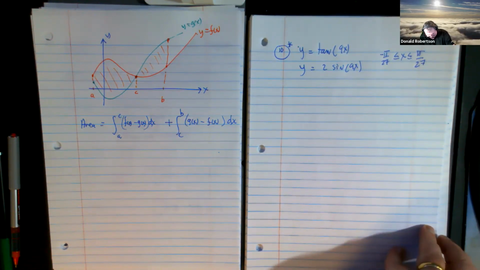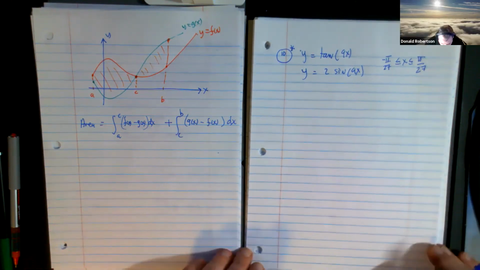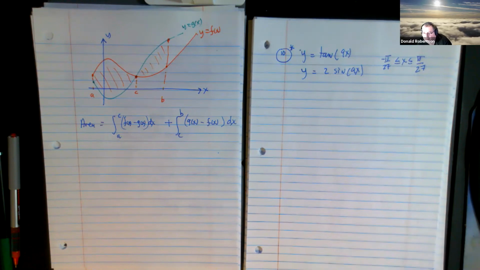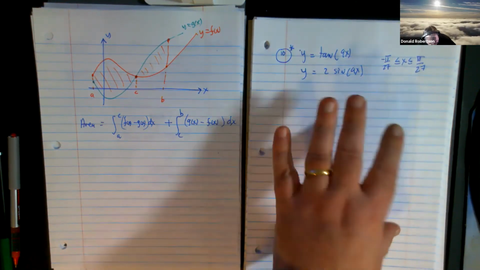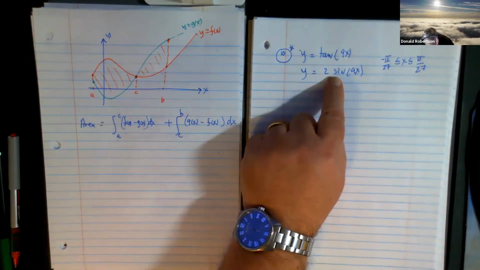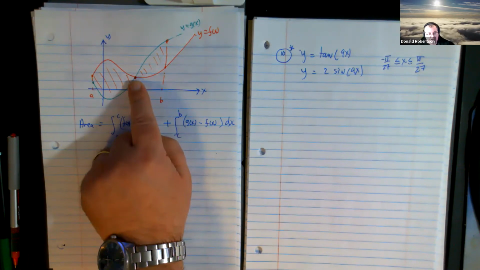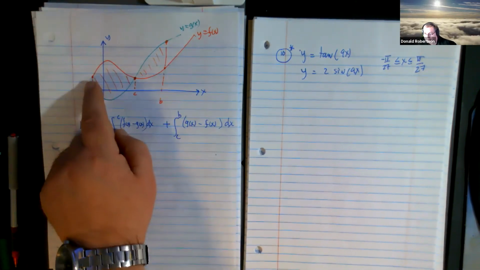Then I'm going to turn the whole question into a PDF and put it online, and that way you can read through the lines, because there's so much of this that is going to cause trouble. The first part I will do is we need to know what this looks like, so I can get the crossover point and do the 2 separate integrals, who's on top, who's on bottom.